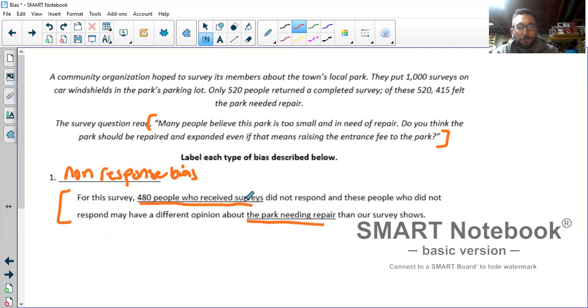Now, you're probably not going to have to define a specific type of bias on a free response, but if it helps you, I've provided a writing template here. It might not work perfectly for every context, but you can just change what's in the underlined parts, and the rest could be pretty universal. If you like memorizing sentences and filling in the blanks, which is not the best way to learn, that's not really learning, but at the same time, it might help you with your writing.